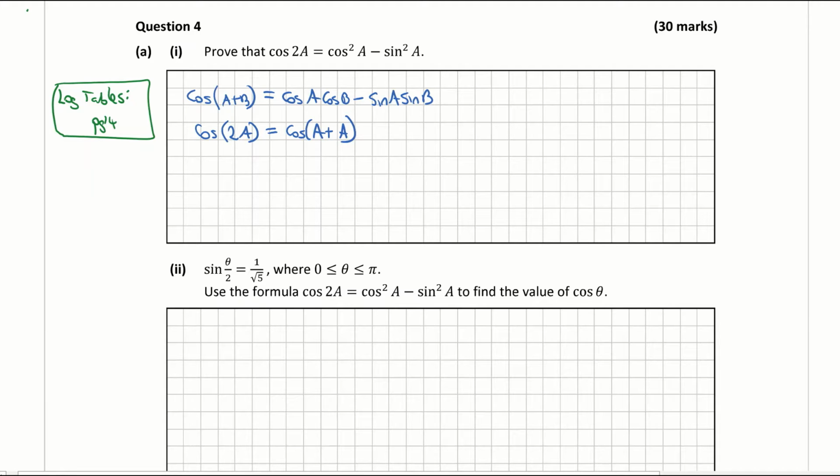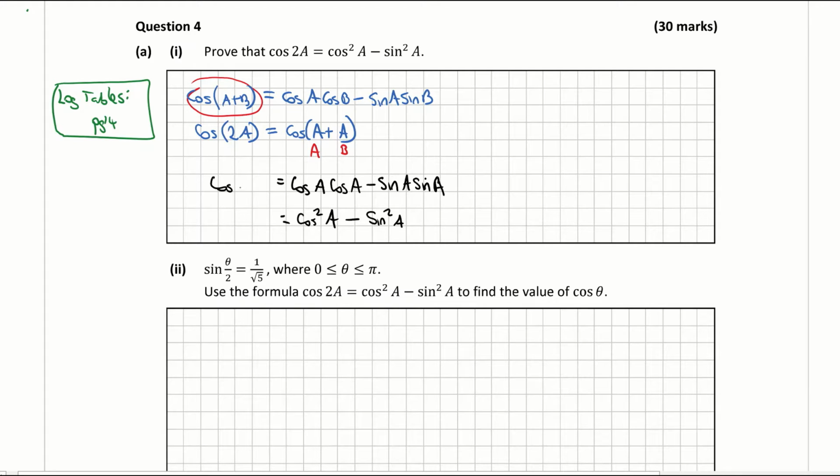So if I use that here now, all I'm going to do is sub in capital A for A, again using this part here, and sub in capital A for B because I'm going for 2 times A. So that's just going to give me cos A, and subbing in A for B gives me cos A again, minus sine A, and then I sub in A for sine B. When I multiply cos A by cos A, I get cos squared A. And when I multiply sine A by sine A, I get sine squared A. That's basically what they wanted us to prove.